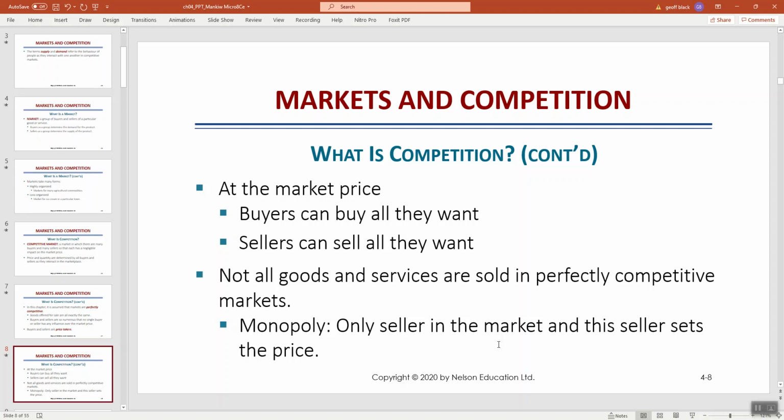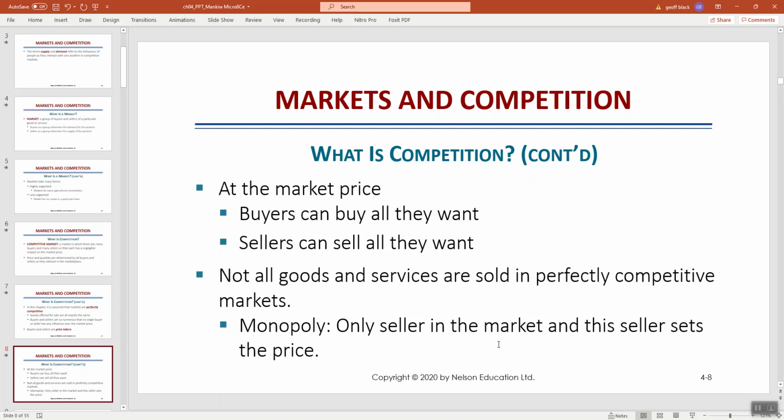So that's the spectrum. A monopoly means mono, like one seller, versus a perfectly competitive market that has many sellers. Most markets operate somewhere in between those two goalposts.